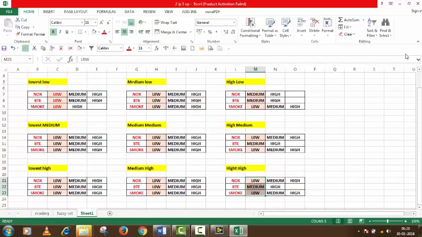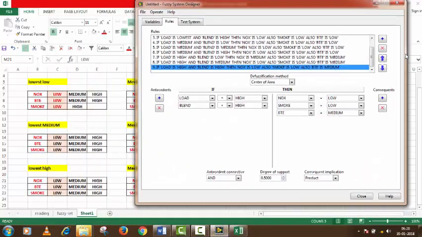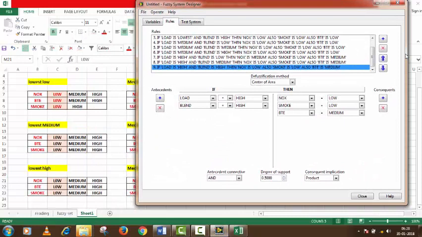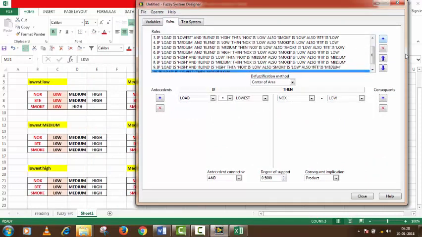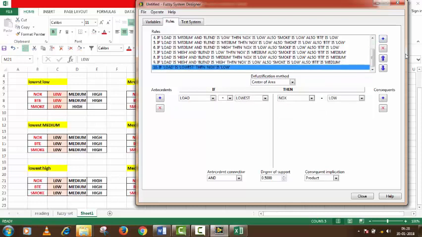Understood? So next, then we have to create the rules. We have to frame the rules. So what about the remaining rules? We have to create them. So go here. Add the rule. If you want to add the rule, I'm going to add it step by step. Load is lowest, blend is low.